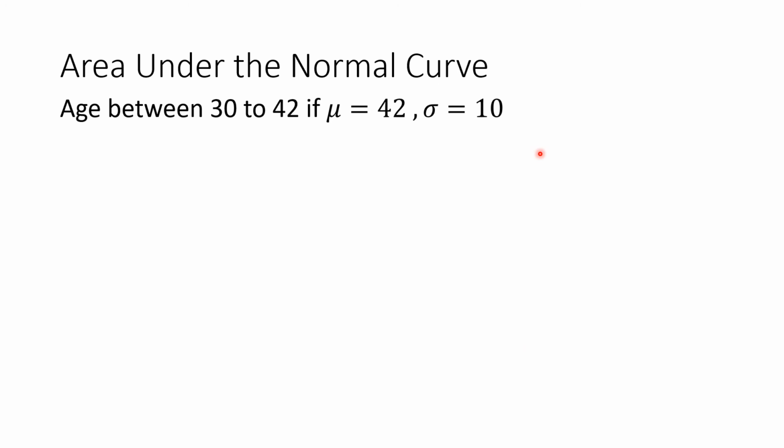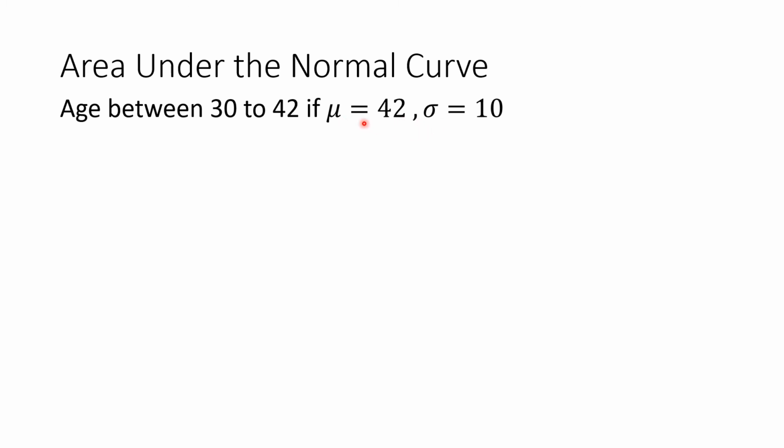For our last example, let's say you would like to determine how many of the entire population have the age between 30 to 42 years old. If the mean age or the average age of the entire population is 42 years old and the standard deviation is 10.